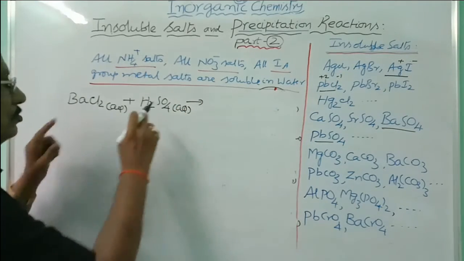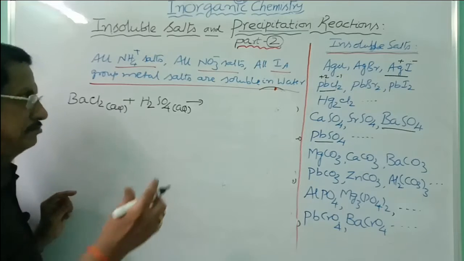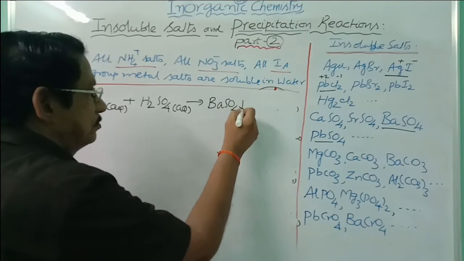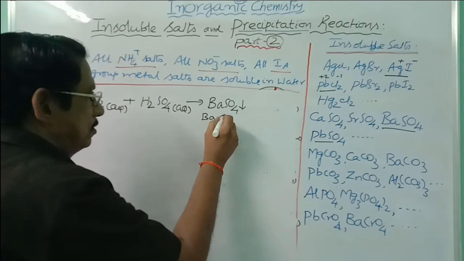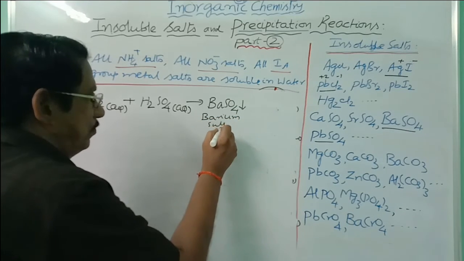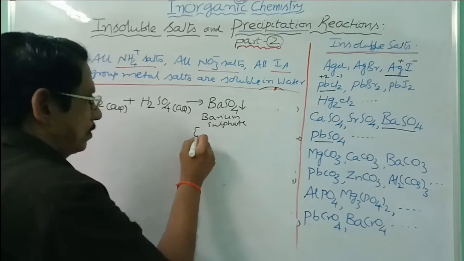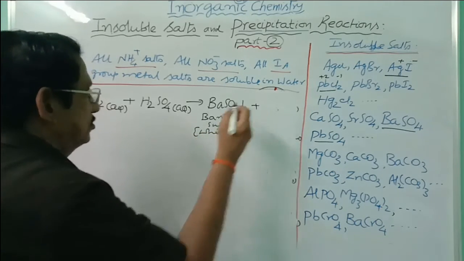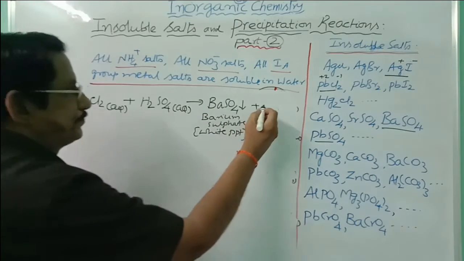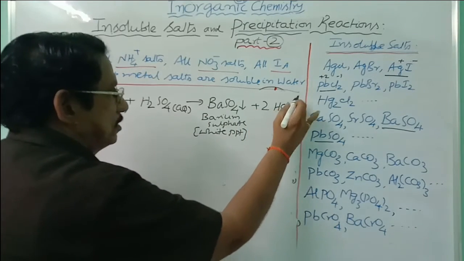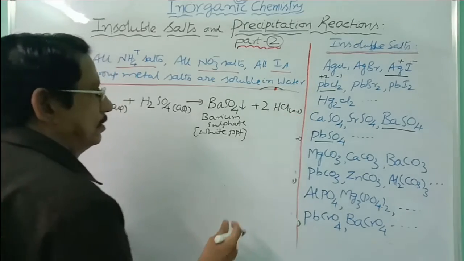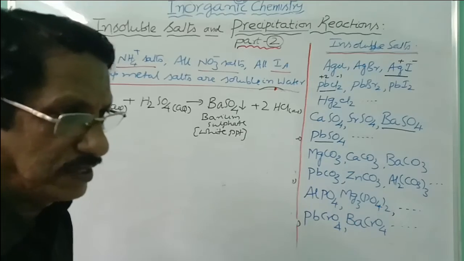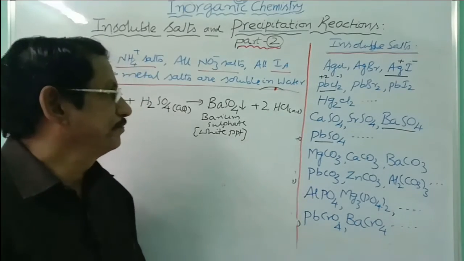And when these two solutions are mixed, within no time you will get a white precipitate of barium sulfate, plus 2HCl, H plus and Cl minus. This remains in aqua. Even this precipitate is insoluble in HCl, so HCl will be in the aqueous solution in the form of H plus and Cl minus ions.